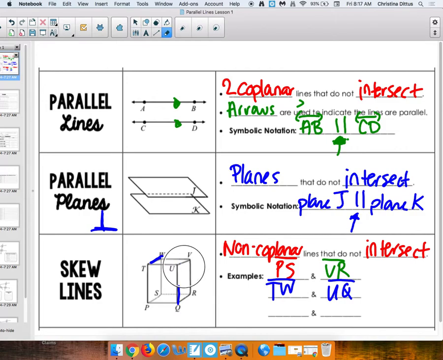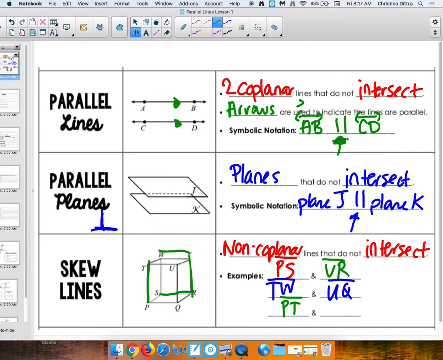Okay, what if I said PT? Who thinks they can give me a line that is skew, so it's not on the same plane and it does not intersect? VR. SR? Yeah. SR works. What else? VR works.